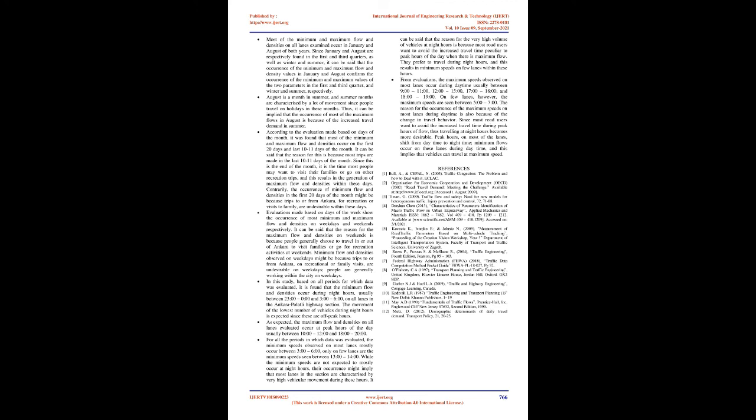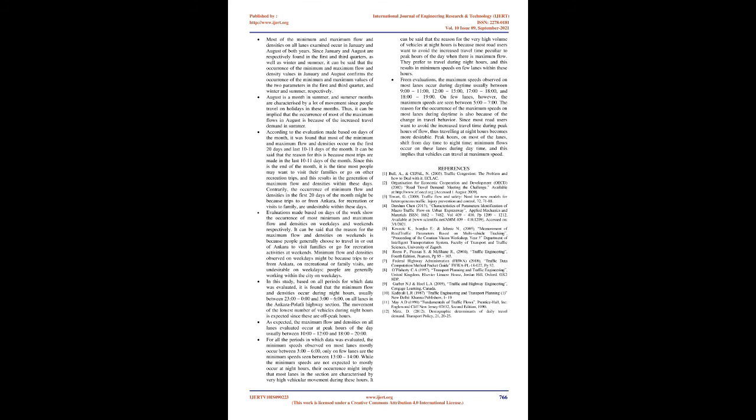August is a month in summer, and summer months are characterized by a lot of movement since people travel on holidays in these months. Thus, it can be implied that the occurrence of most of the maximum flows in August is because of the increased travel demand in summer.